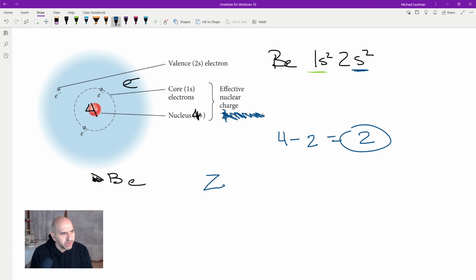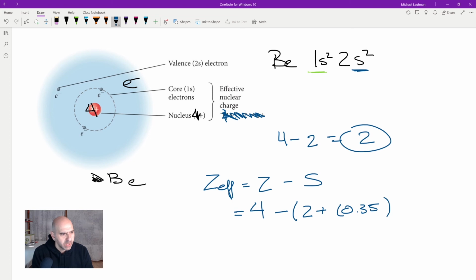the effective nuclear charge for beryllium is equal to Z minus S. Now remember, when we talk about effective nuclear charge, we're talking about how much attraction one valence electron is experiencing. So it has 4 protons minus 2 core electrons, plus 0.35 times 1, because it's 2 valence electrons minus 1.